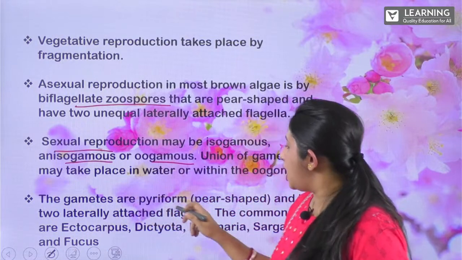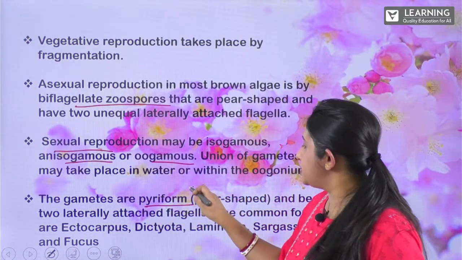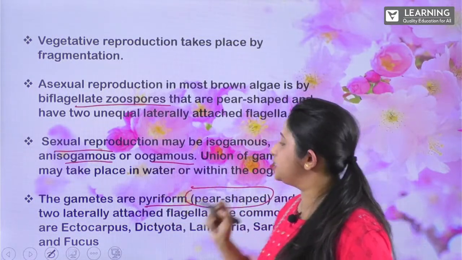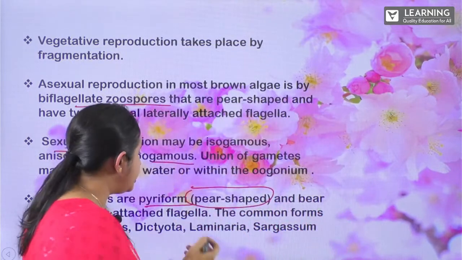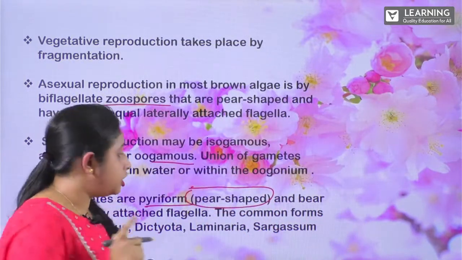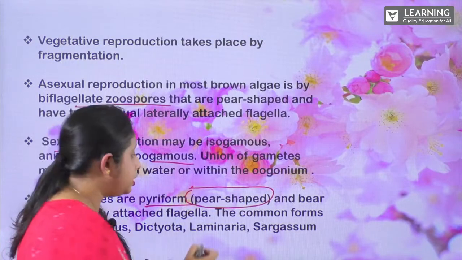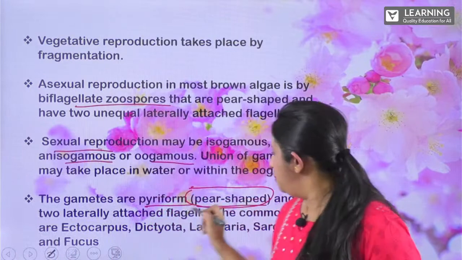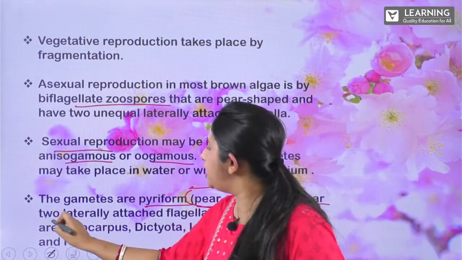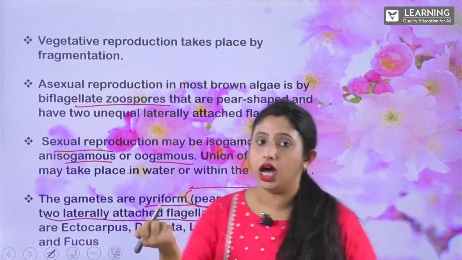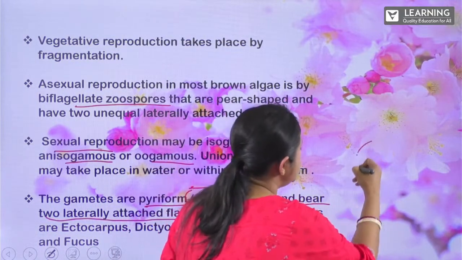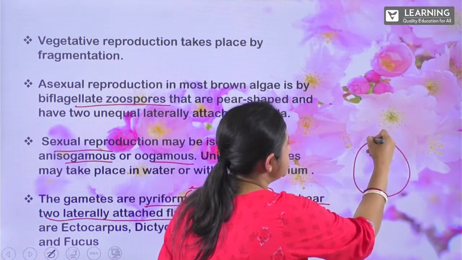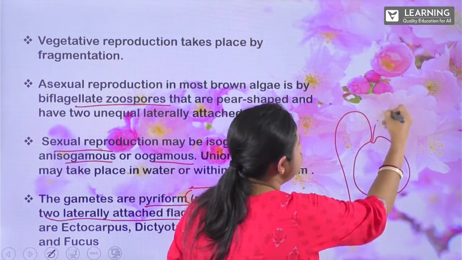So the gametes are pyriform. How is the shape of these gametes? This is very important. The gametes are in the shape of a pear, and they bear two laterally attached flagella.